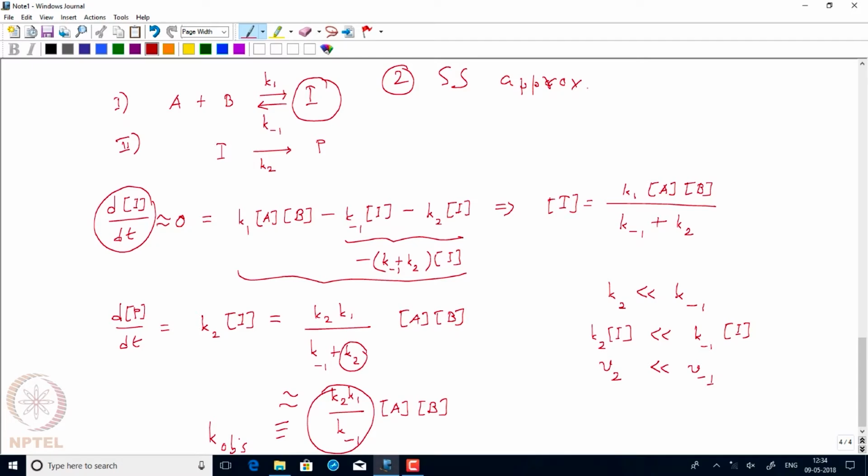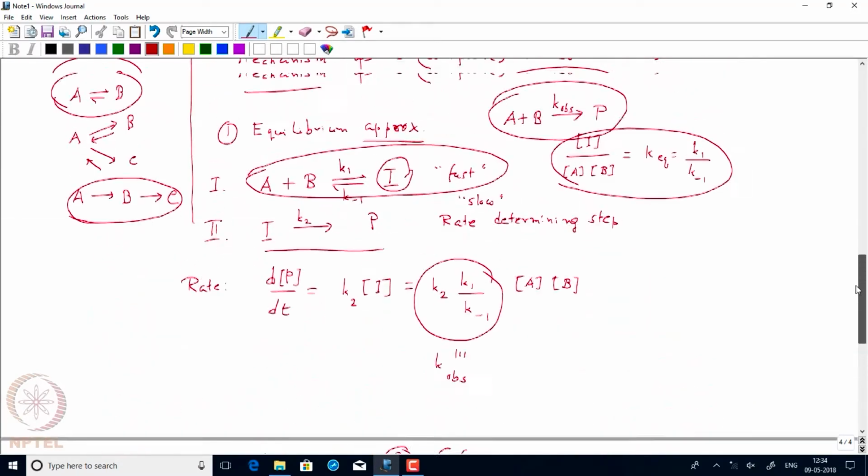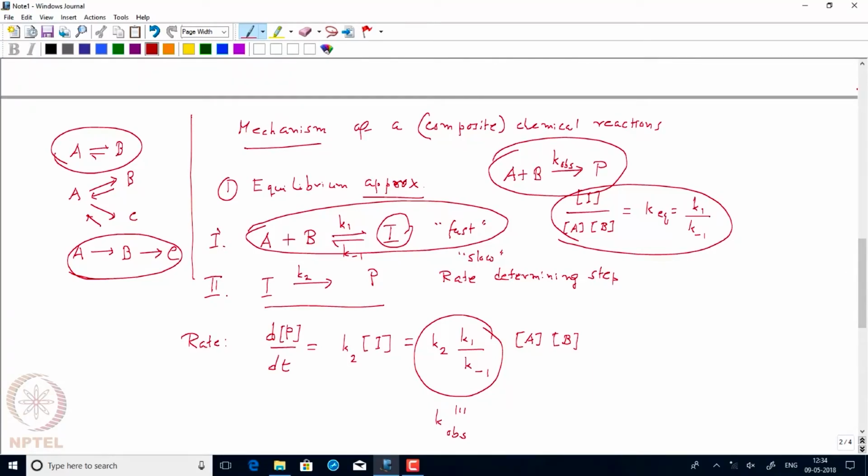Thus we see how one can use these two approximations which are frequently used. One is known as the equilibrium approximation, where we say that an equilibrium, or a pre-equilibrium, exists between the reactants and the intermediate, which can be isolated from the rest of the reactions where the intermediate is eventually forming the product, because it's a fast equilibrium.